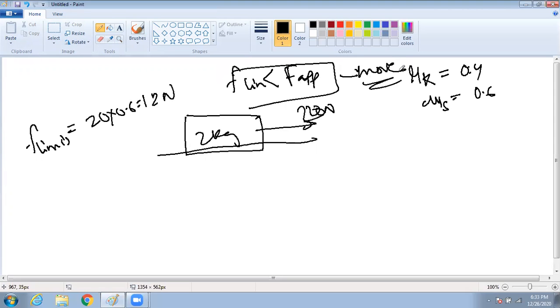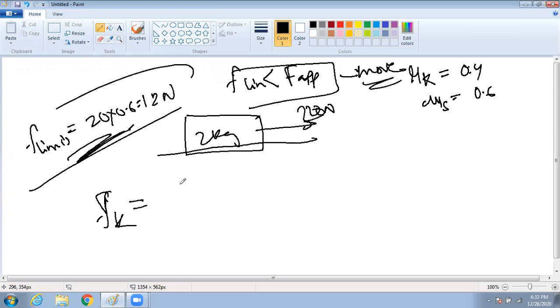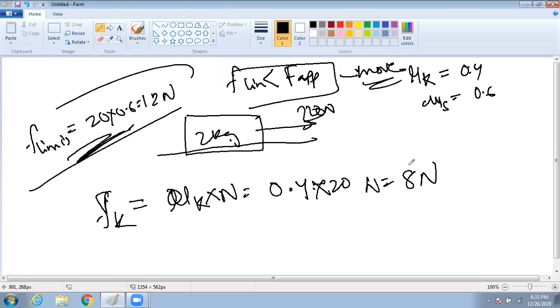Now the body is moving. When the body is moving, there is no static friction acting anymore. This is gone. Now only Fk will act. So what is Fk? Mu k into N. Mu k is 0.4. N is 20 Newton. So 8 Newton.